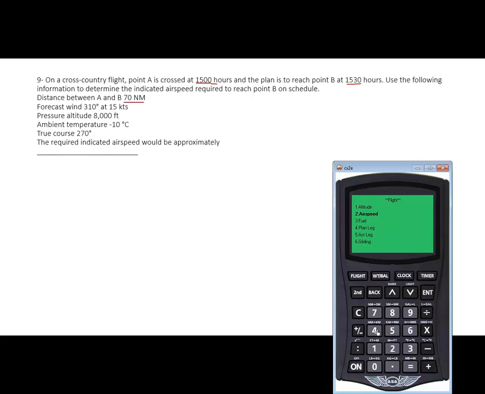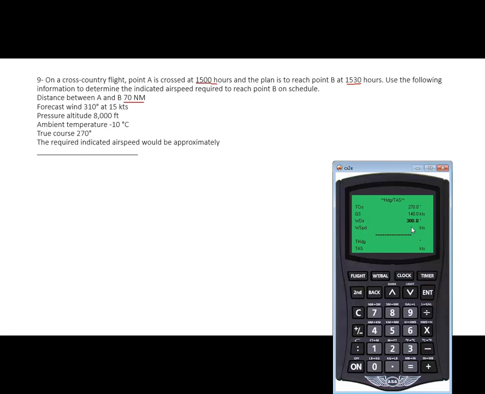We're looking for heading and true airspeed. The true course given in the question is 270 degrees. We just figured we needed a ground speed of 140, right? And so if we take the wind out of our ground speed, we can find out what the required true airspeed is going to be.